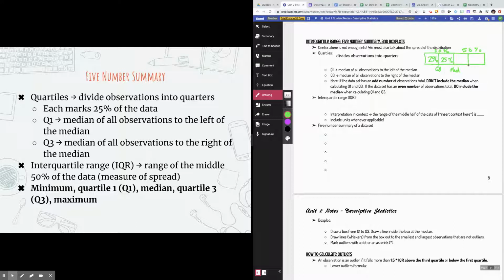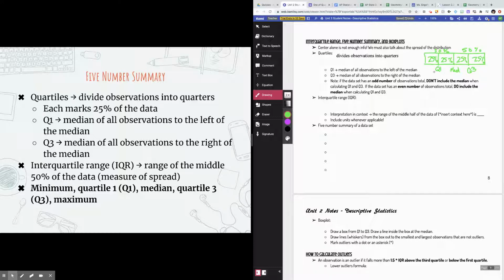The upper half you can also divide in half, right? So quartile 3 is your divider for the upper half. It's the median of the top 50% of your data. So you're literally dividing your data into quarters, okay?